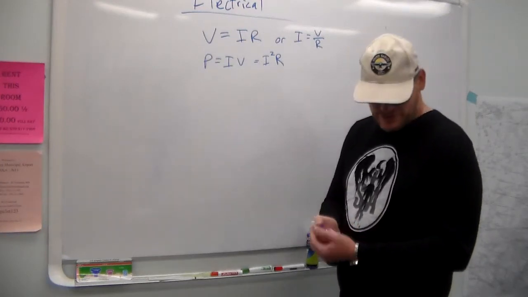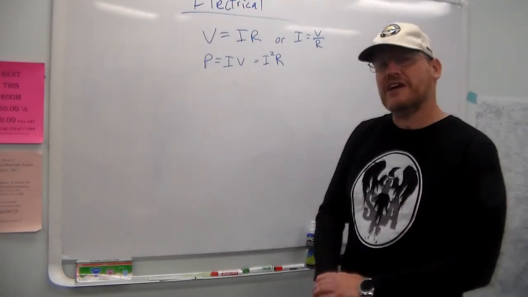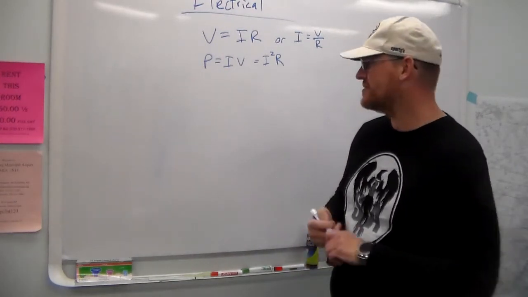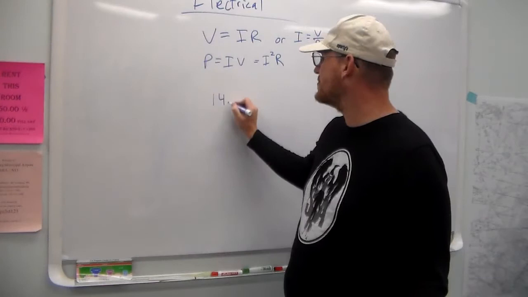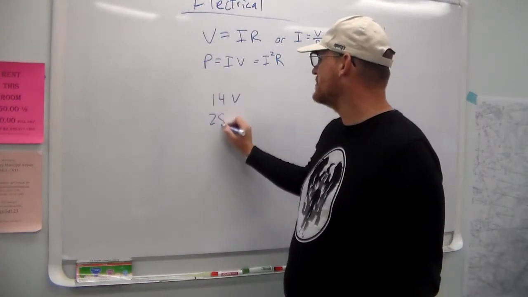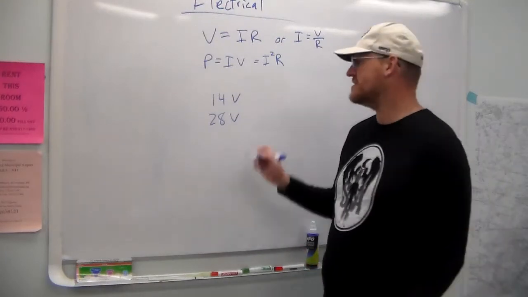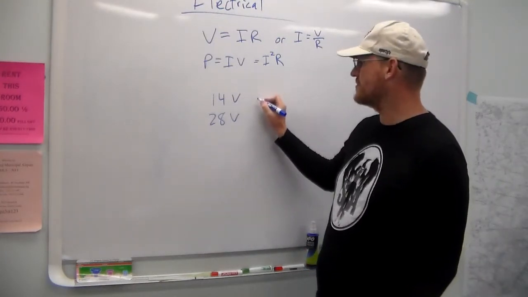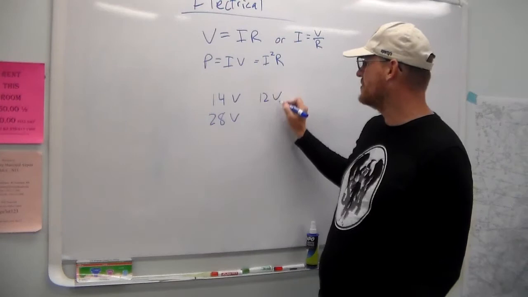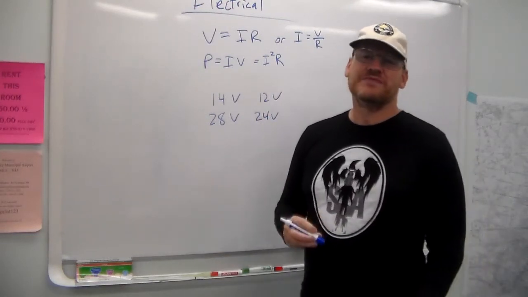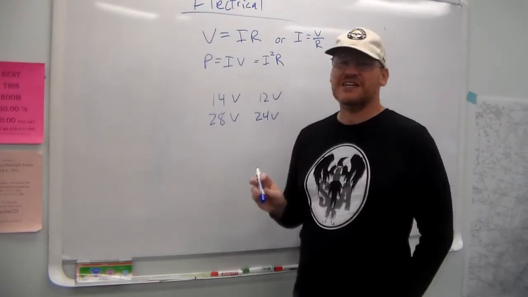So most airplanes are either going to have a 14 volt system or a 28 volt system. So 14 volts, 28 volts, and Rod mentions that this gives you a 12 volt battery or a 24 volt battery. And why is the battery voltage less?